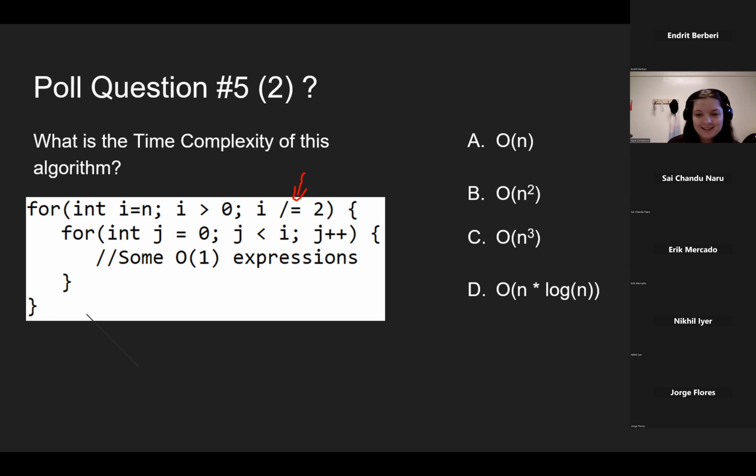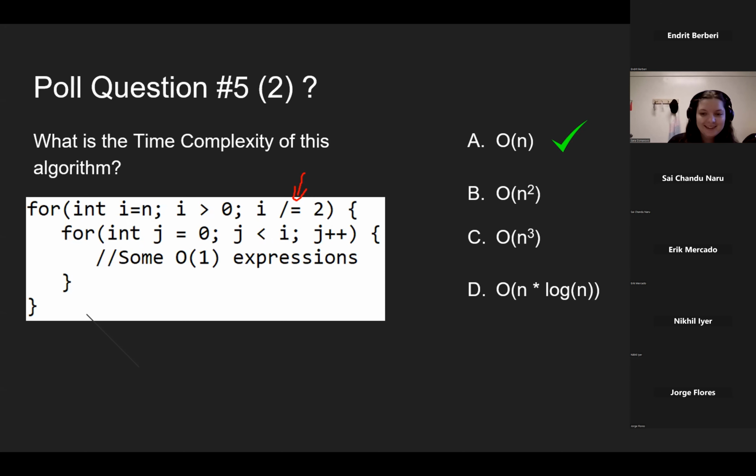That would be a nice pun if I should have made it when the D was actually the answer. I'm sorry, guys. I tricked you again, I guess. But the answer this time is O of n. And Lily, I think that's what you were thinking of last time.